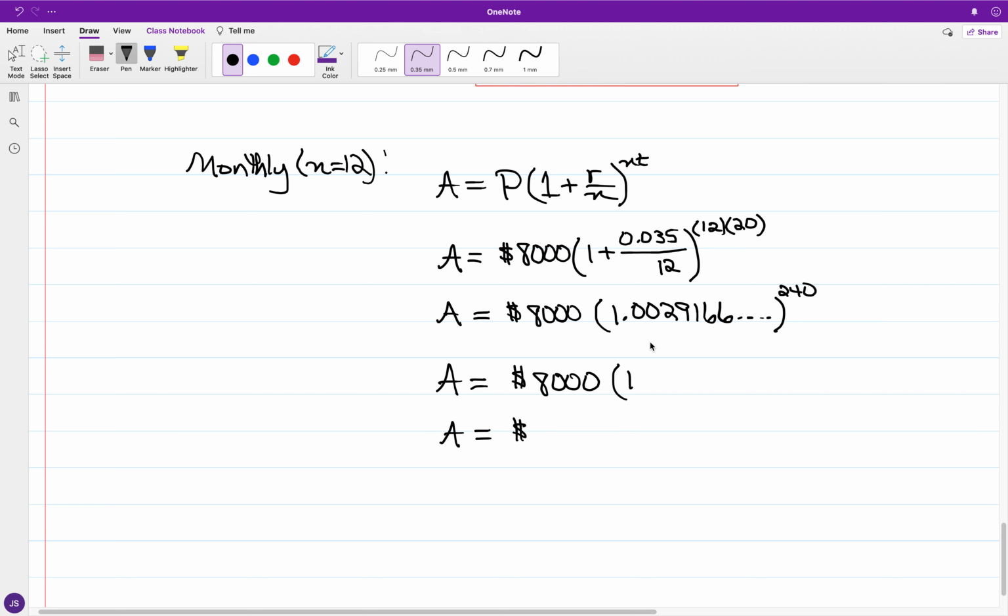Taking this number and raising to the 240th power, that number is going to be around 2.0117. Multiply by $8,000, and we have around $16,093.62.